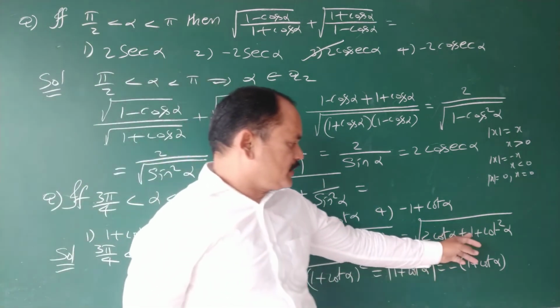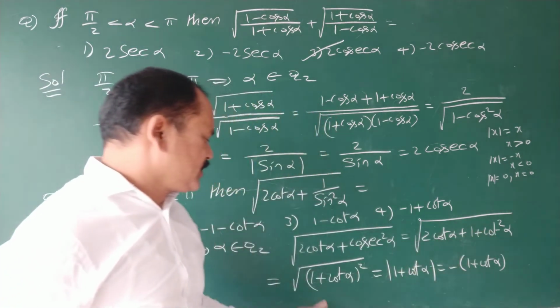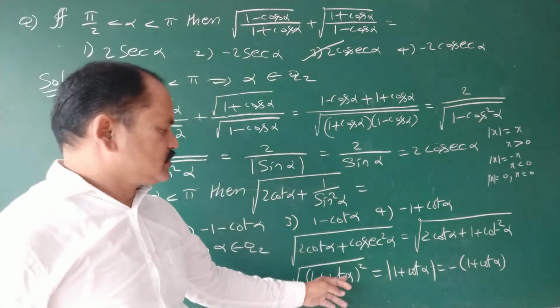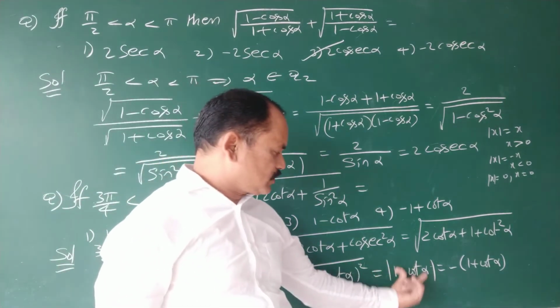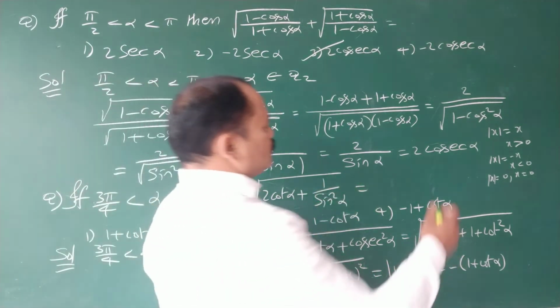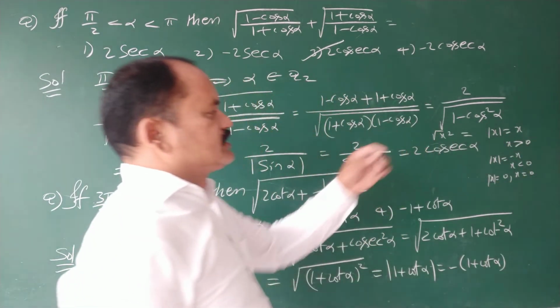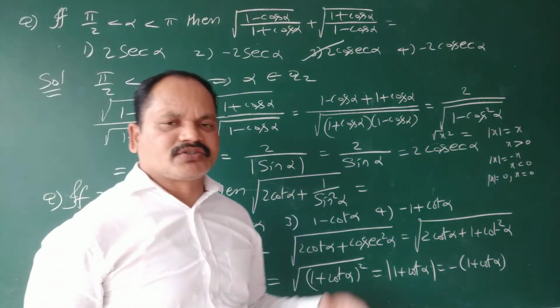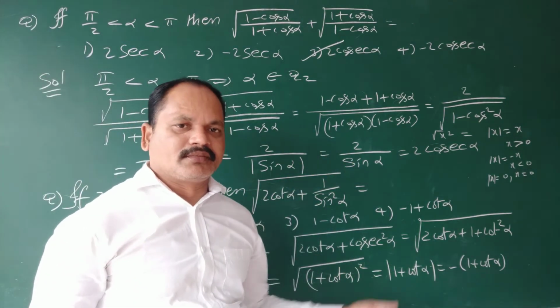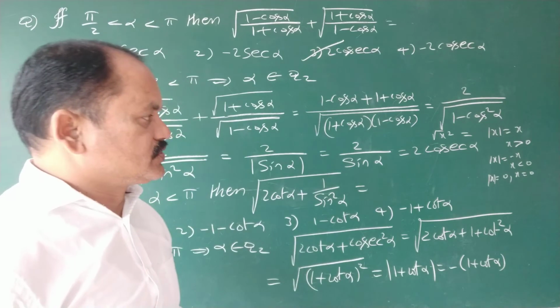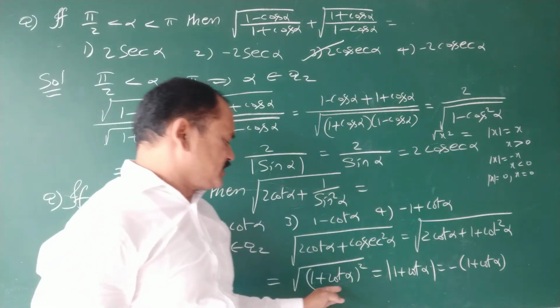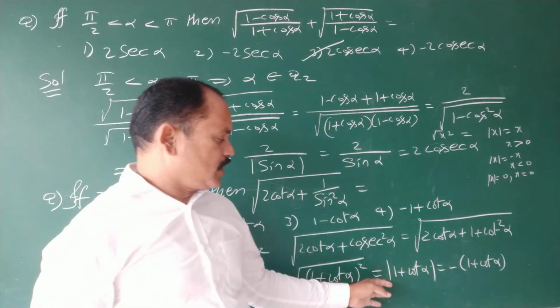Now this is in the form of a square plus b square plus 2ab, that is (a plus b) whole square. So this is taken as mod of (1 plus cot alpha), since root of x square is nothing but mod x. Where x is greater than 0 it is taken as positive, and where x is less than 0 it is taken as minus. Now here it is mod of 1 plus cot alpha.